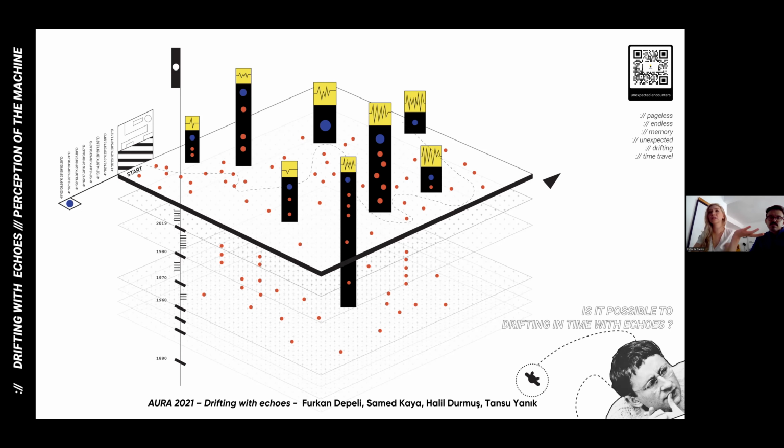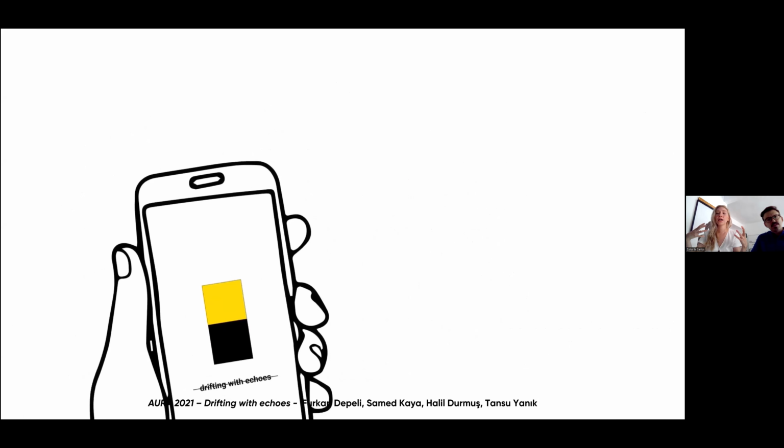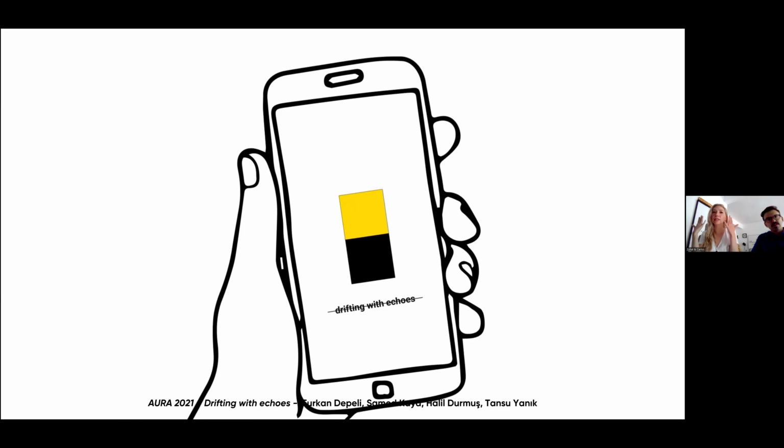What they did was completely abstract the geographical space and create points within the square and within Gezi Park. When a person is walking through that space physically with their phone, they were able to interact with those different points, close their eyes and listen to what had happened back there.